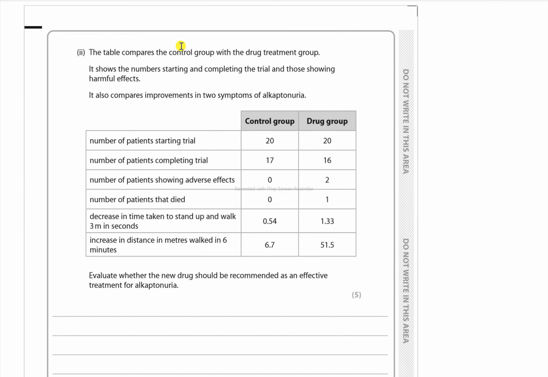Right, there you go. Right, now we've got an evaluate. They've not broken it down for you. So now what we've got to do is look at this here. You've got your control group, and then you've got your drug group. Right.